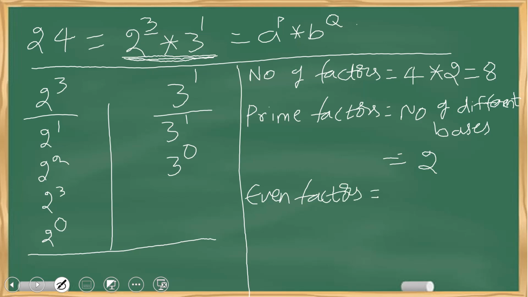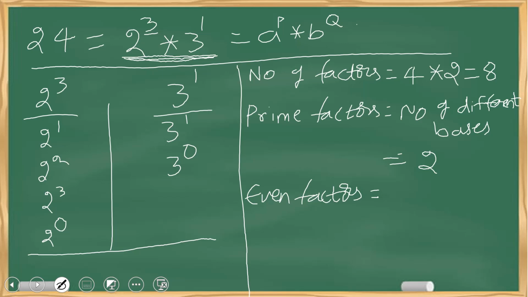Next, even factors. Before going to this, you need to understand one thing. When you are multiplying two numbers or three numbers or four numbers, any numbers, if you want to get the output as an even number, definitely there should be at least one even number in that product.